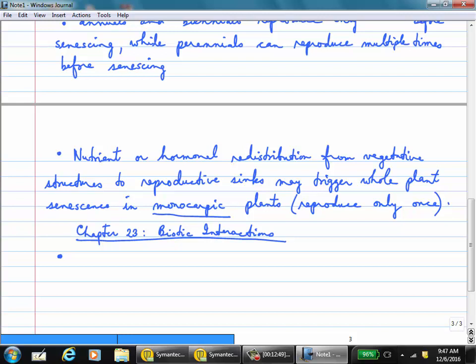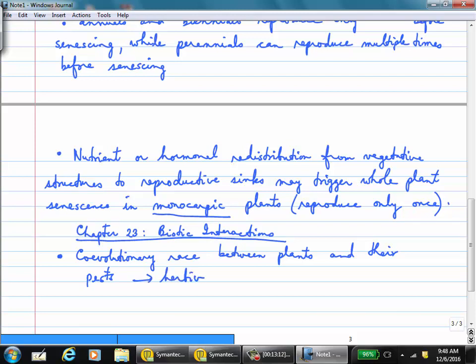So there is a co-evolutionary race between plants and their pests. And these are mainly herbivores, that means organisms that eat up plants, and pathogens.